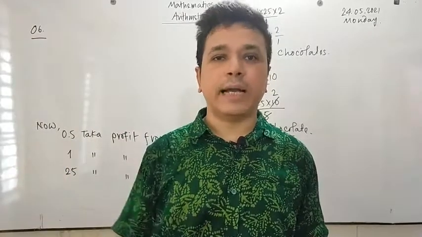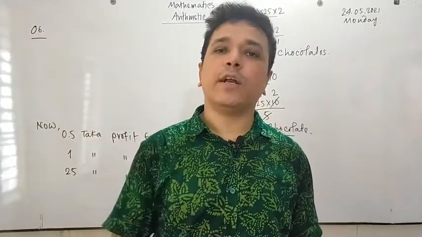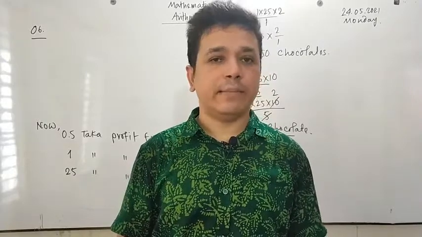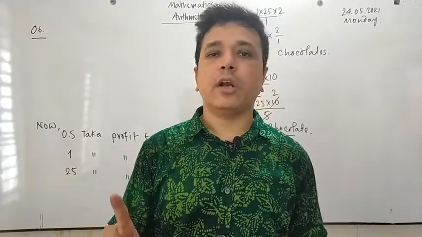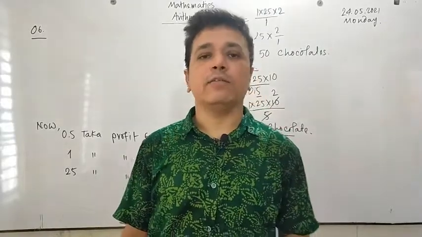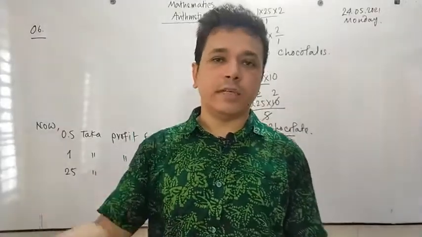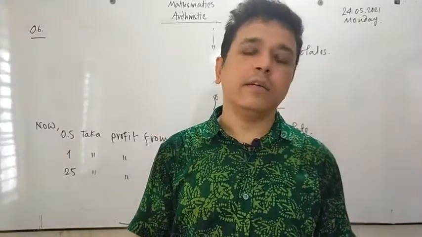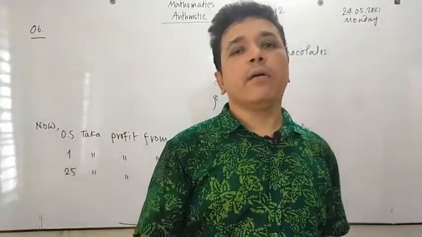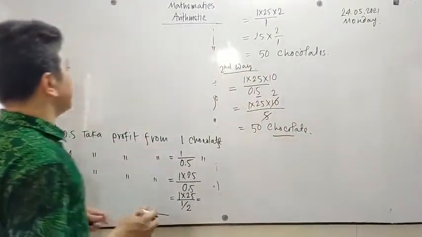Bought, that means the buying price of 1 meter of cloth is 125 taka, and he has sold 1 meter of cloth at 150 taka. What does it mean? 150 taka is the selling price and the buying price is 125 taka. So easily we have seen here profit is 25 taka per meter.